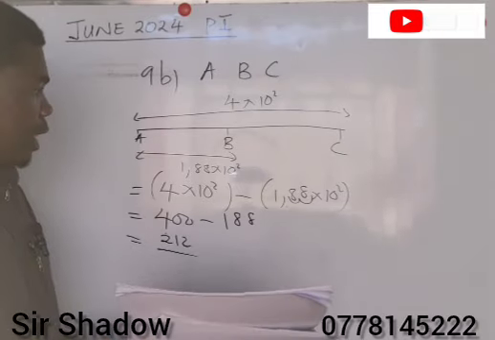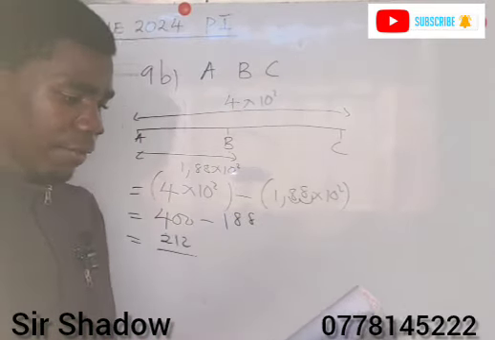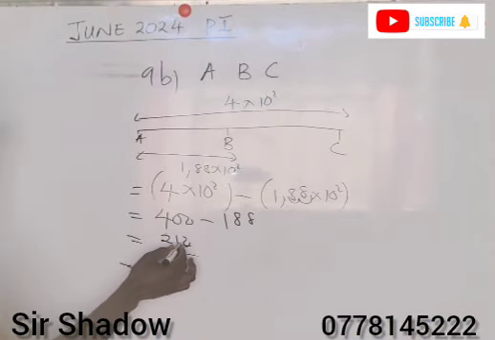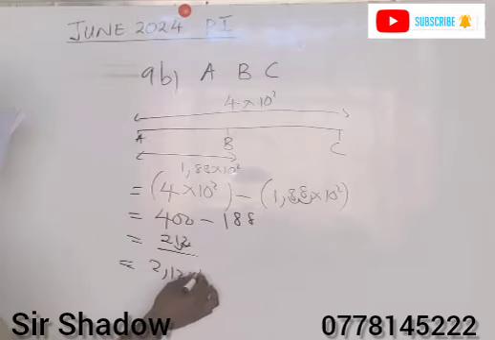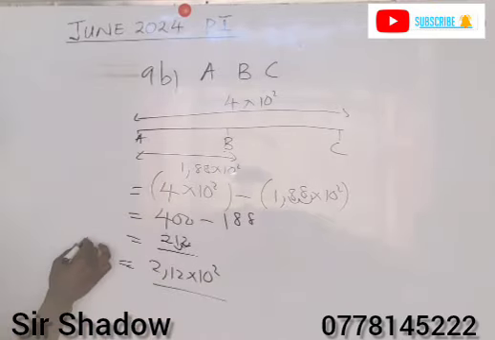So 212 is the distance from B to C. But you are asked to give your answer in standard form, so let's convert it back to standard form. This goes to 2.12 times 10 to the power 2. So this is the distance from B to C.